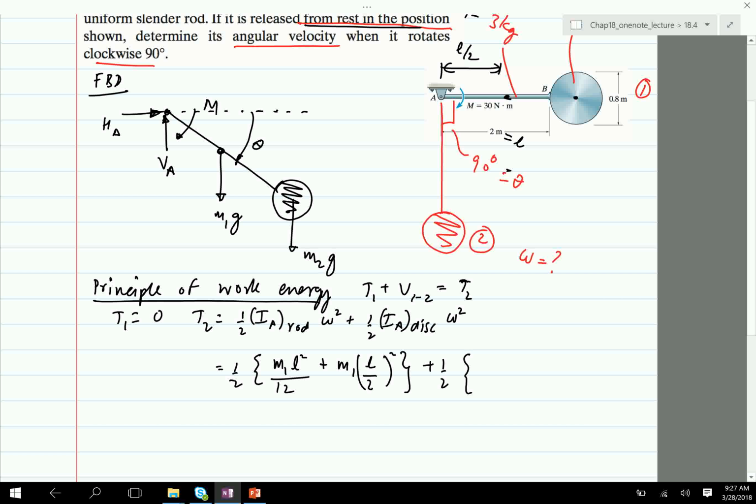Let's call this distance small r, so m2 r squared divided by 2, plus we need the inertia of the disk about A. So we need the distance from A to the center of the disk, which is L plus R. So m2 times (L plus R) squared, all multiplied by omega squared.